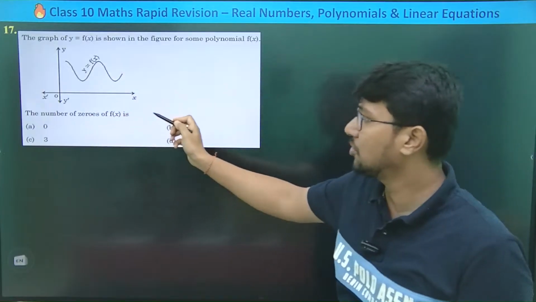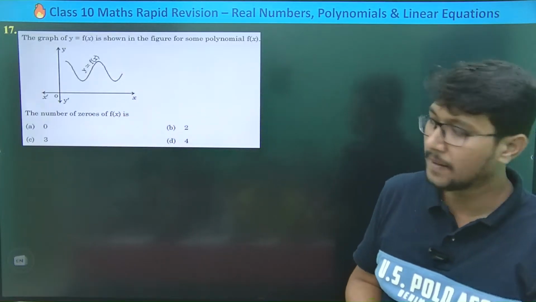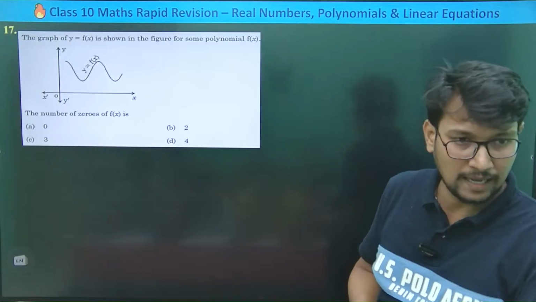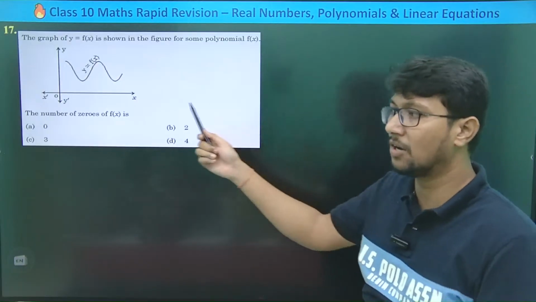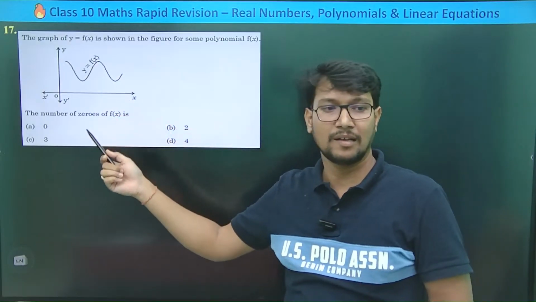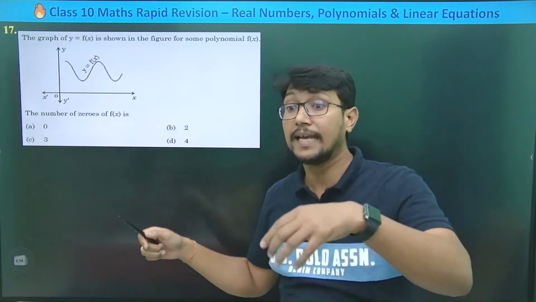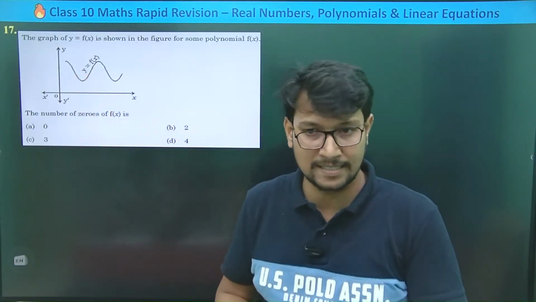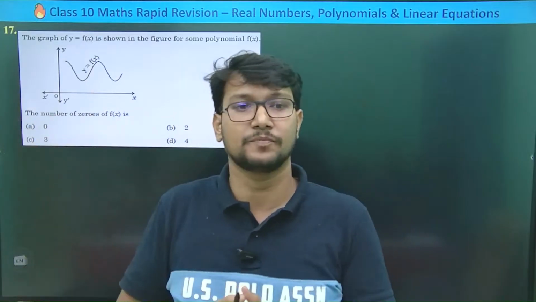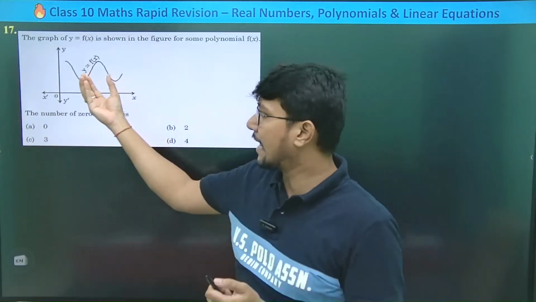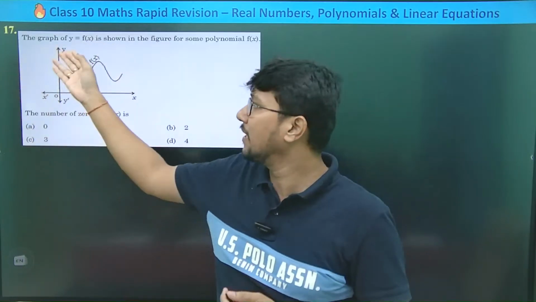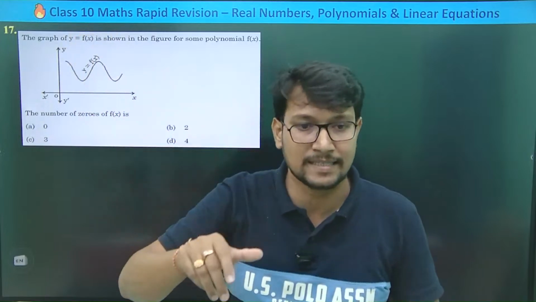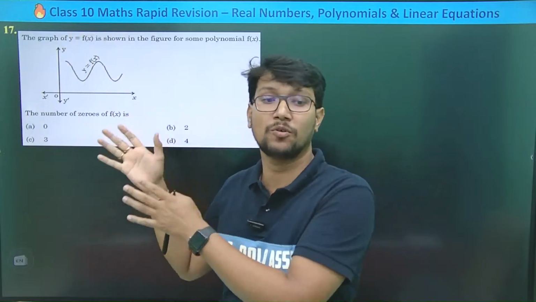So the number of zeros of f of x is 0. Sure? The graph intersects which one? X axis. If it would intersect the y axis, how many zeros would there be?